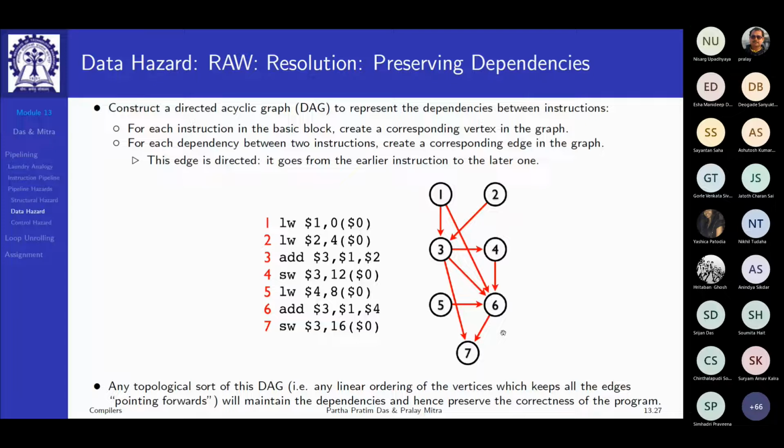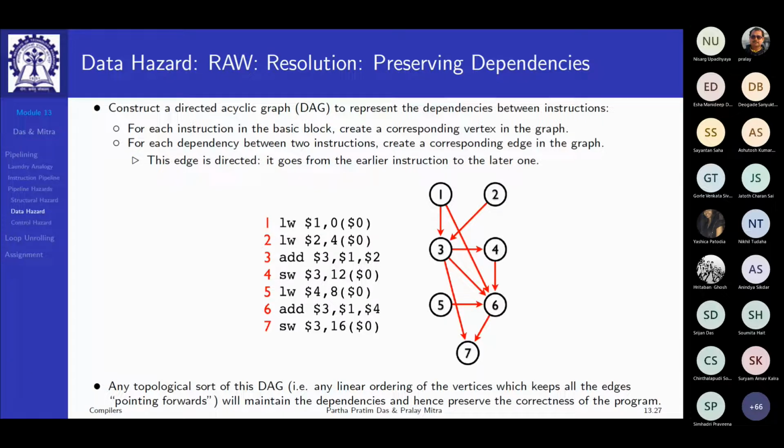Obviously, you will not have a cycle here, because this data dependency can never form a cycle. It will always be a directed acyclic graph. So this is the graph representation of the dependencies.